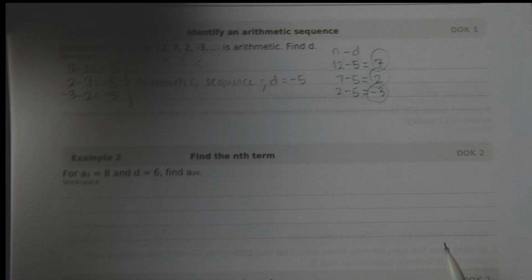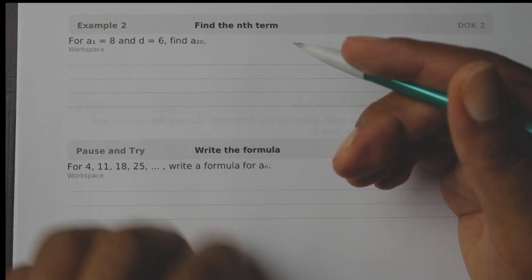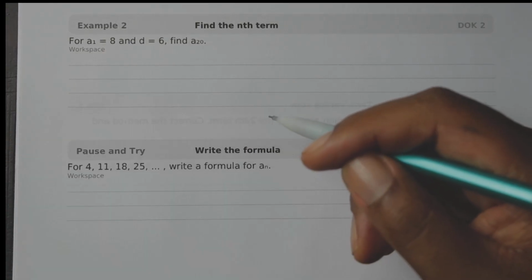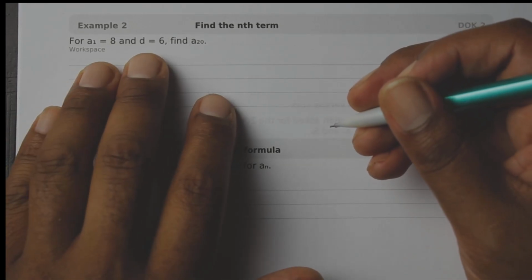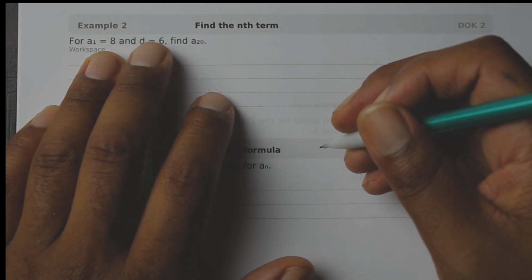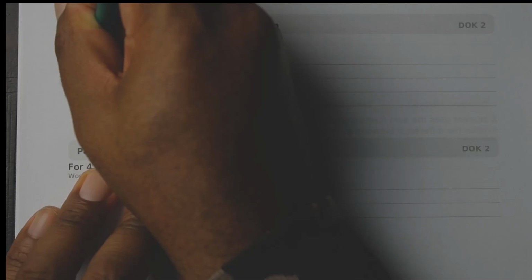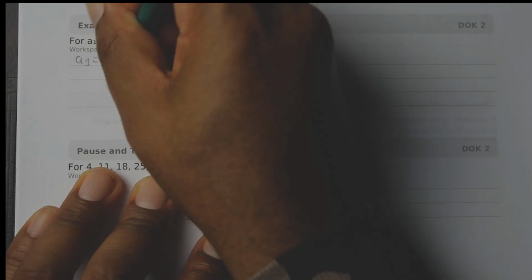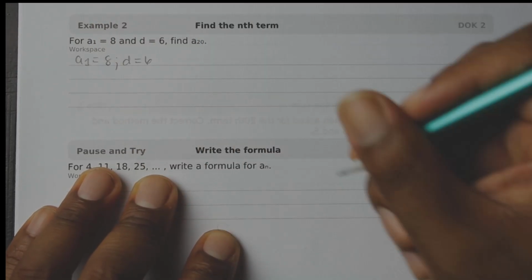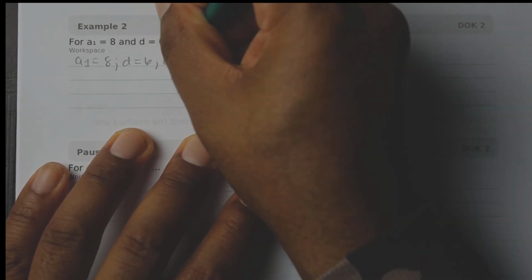Okay, let's go on to example number 2. We have a sub 1 equals 8 and d equals 6, and we're told to find the 20th term. Thankfully, we have some information that we can use. We have a sub 1, which equals 8, and d, which equals 6, and we're told to find a sub 20.